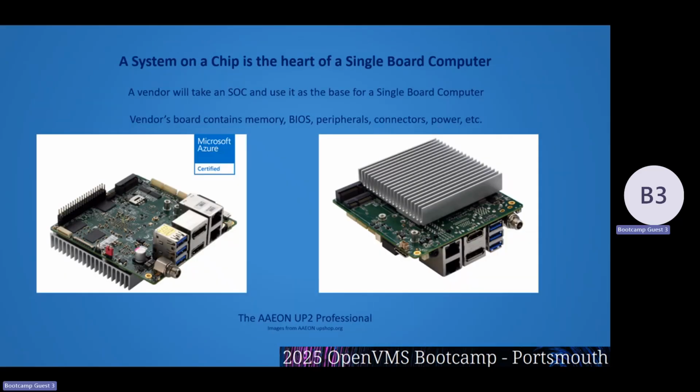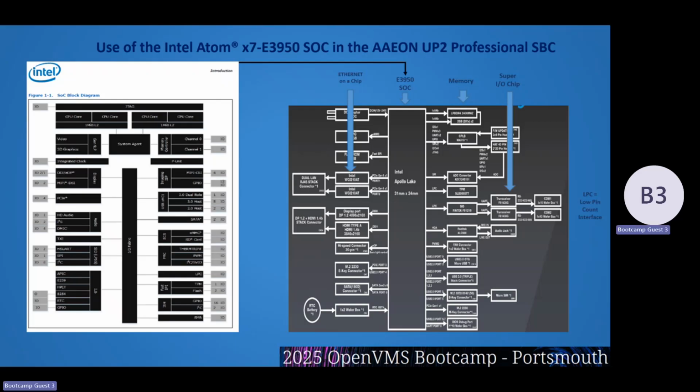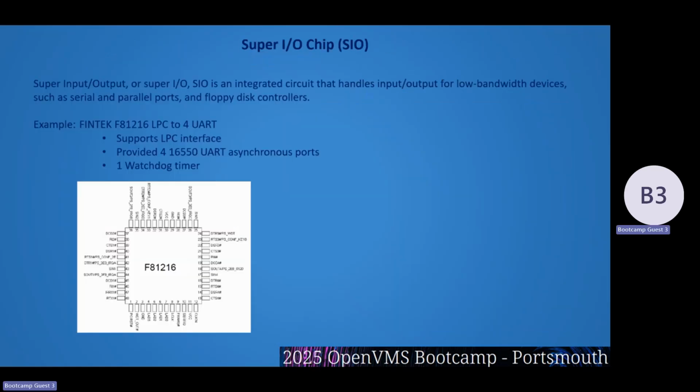So what you'll notice about this is not everything that's on the system on a chip is actually brought out on the single board computer. Vendors can pick and choose what they want to implement. This little gizmo called the Super I/O chip, they use the LPC interface. The LPC interface is an alternative to the PCI interface.